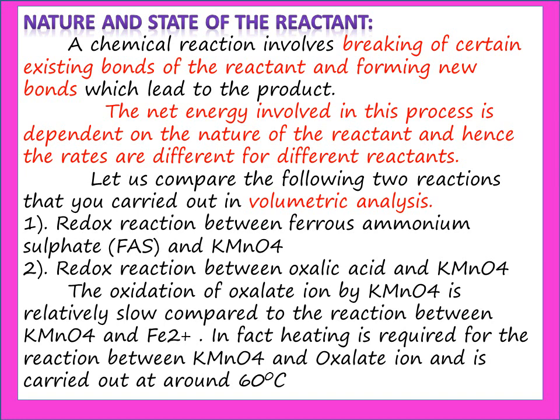But when the same titration is done with potassium permanganate and oxalic acid, you have to heat it to around 60 degrees Celsius. That means the oxalate ion reacts slower than ferrous ammonium sulfate. So, reaction rate depends on the nature or state of the reactant.